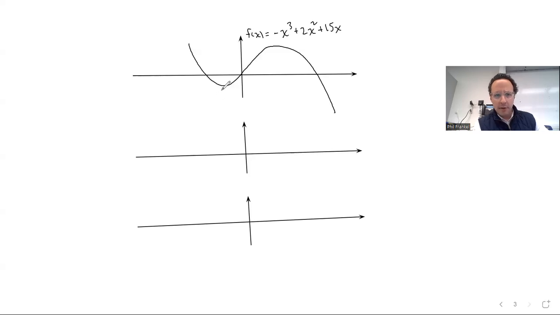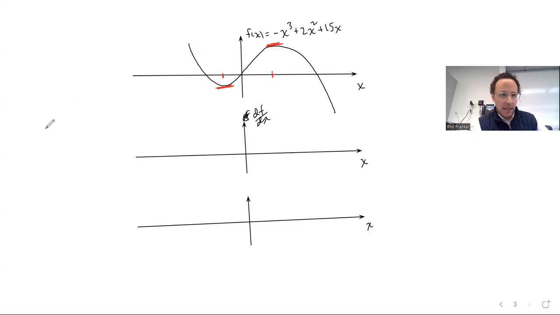But I just want to point out, first of all, that at this x coordinate and this x coordinate, the rate of change of the function with respect to the variable x is 0, plotting df dx down here.